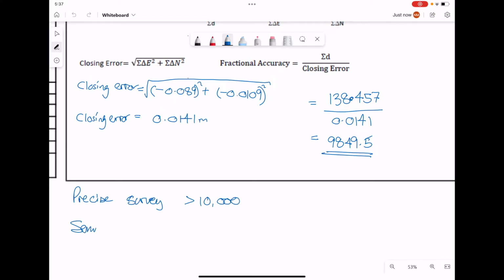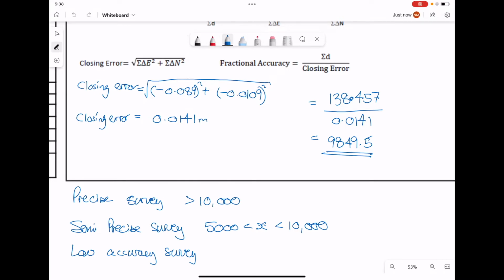For a semi-precise survey, the fractional accuracy would be in the region from 5,000 to 10,000. And for a low accuracy survey, our fractional accuracy would be less than 5,000. In our situation, the fractional accuracy falls in the semi-precise survey region.